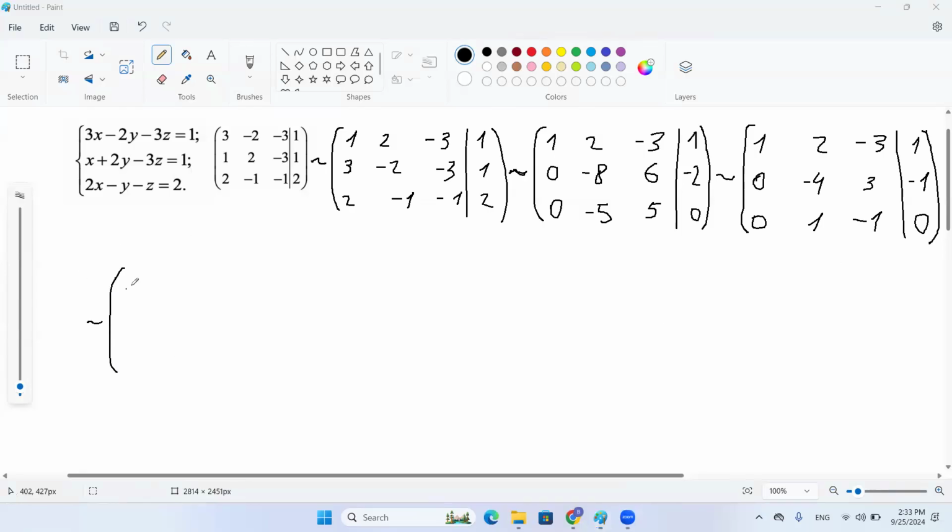Okay, and now let's do the following. I want to swap these rows, the second and the third, just for convenience. I will write everything in detail just for better understanding. So here 1, -1, 0. And here we will leave -4 because anyway we will eliminate it.